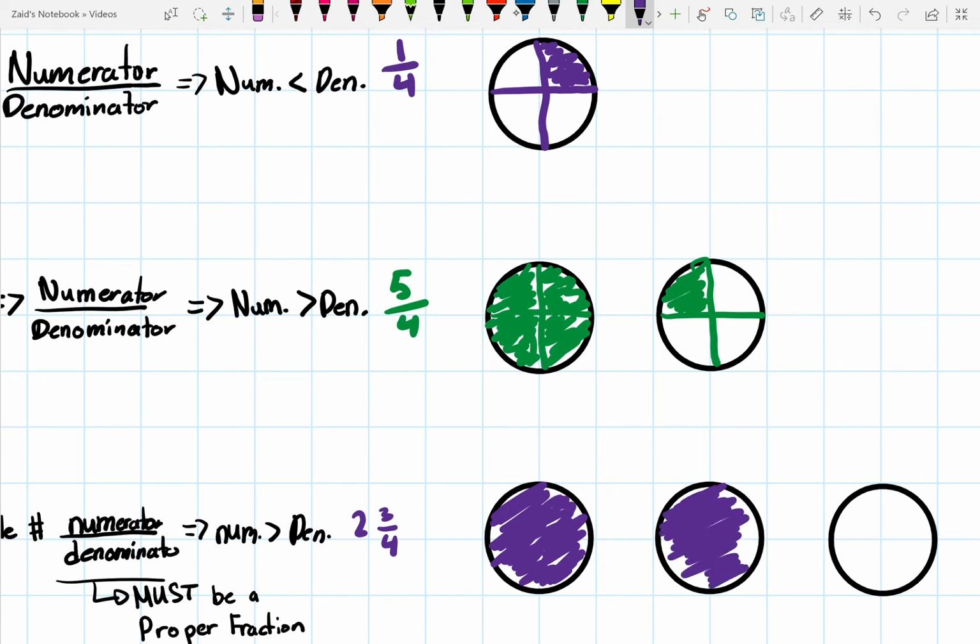So that's 1, and this is 2. And now it tells me to draw 4 parts because the denominator is 4, and to shade in 3 more. So 1, 2, and 3.